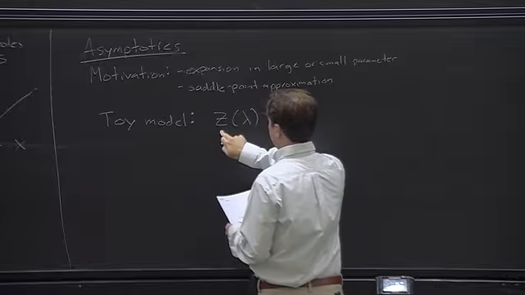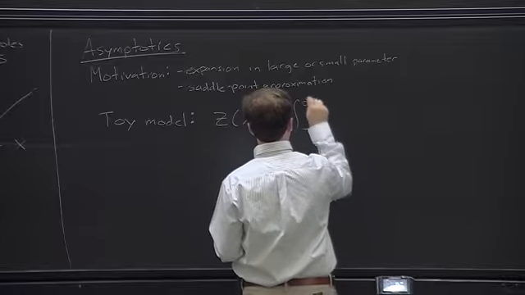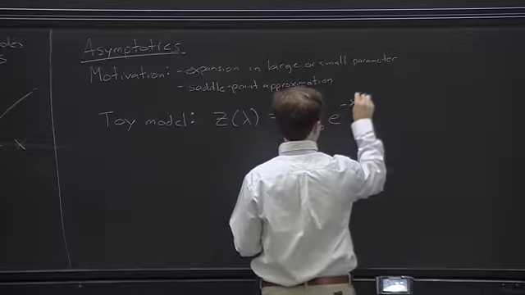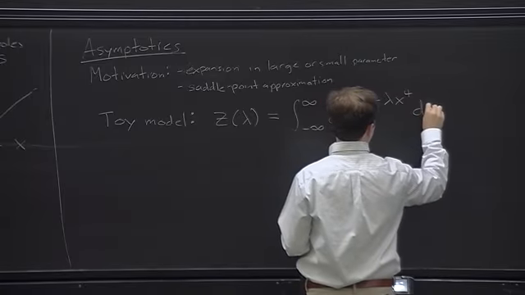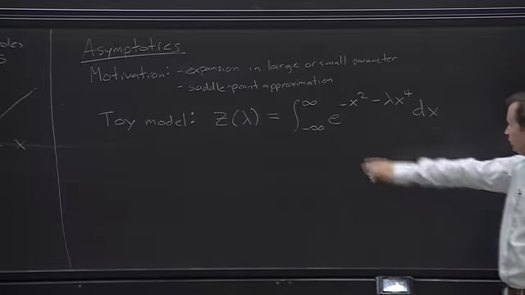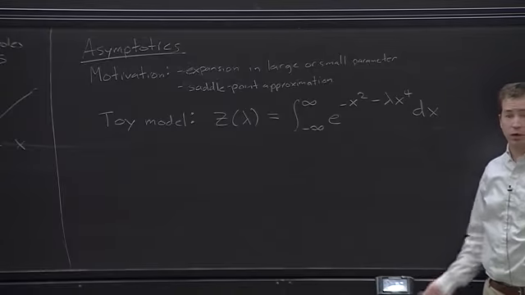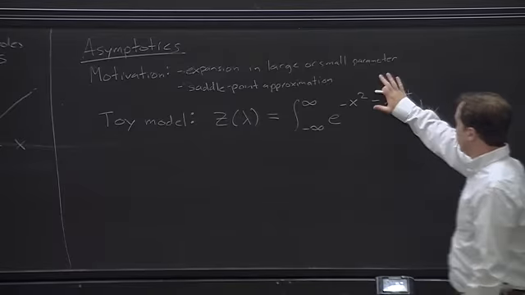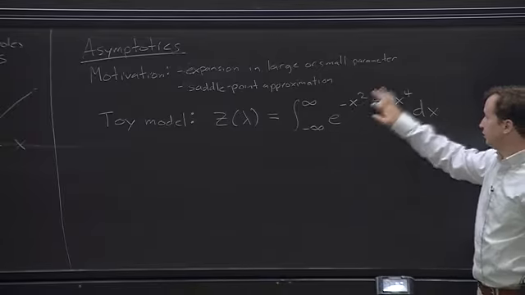So we've got some function z of lambda, which will be the integral of e to the minus x squared minus lambda x to the fourth dx. Okay. So this is a simplified version of the kind of integrals we're going to want to approximate in quantum field theory. So if lambda is 0, this is an integral we can do exactly. It's just a Gaussian integral.